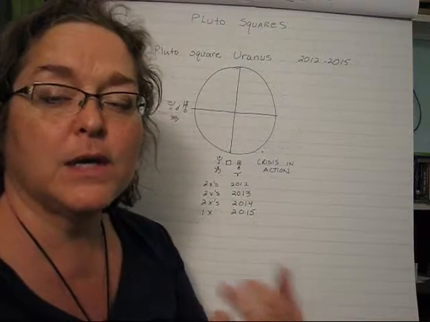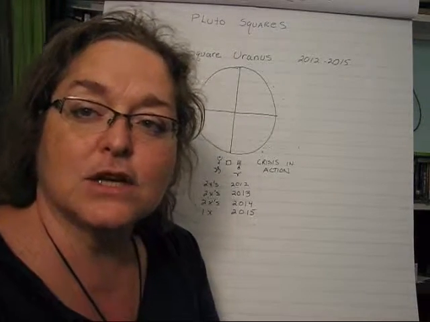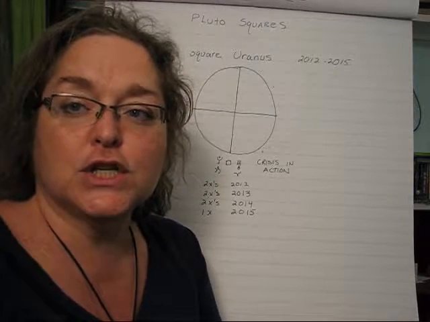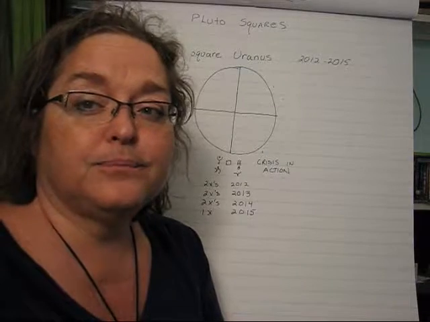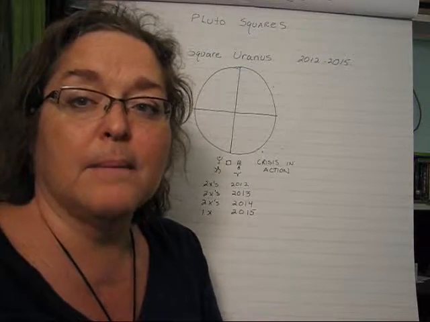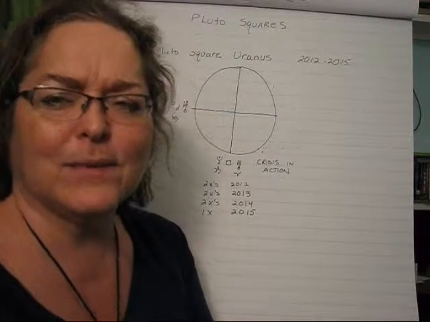And this is part of a cycle that began back in 1965 and 1966. At that time, Pluto and Uranus made a conjunction in Virgo. It actually made 3 conjunctions, all in Virgo. I think 1 in 65 and 2 in 66, or 2 in 65 and 1 in 66.